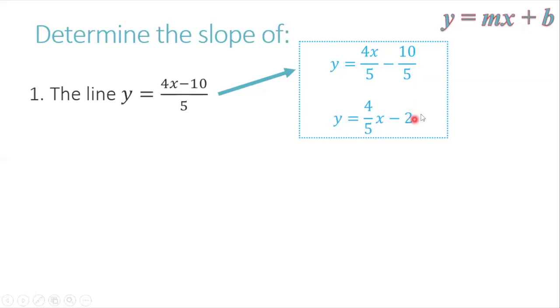So now this part right here looks a little bit more like the slope-intercept form, and we can clearly identify our slope here, which is 4/5, because that's the coefficient on the x. So as stated earlier, yes, our slope can be a fraction, and you would have seen that with the first two ways we use to find the slope. And so that is all to this example.